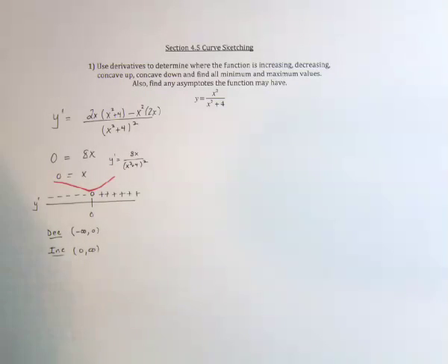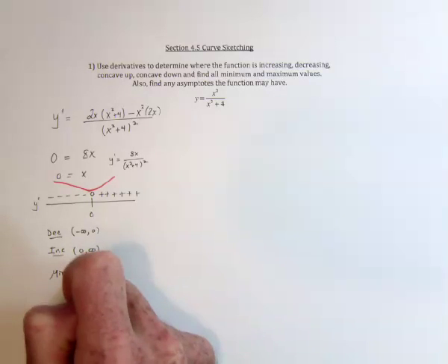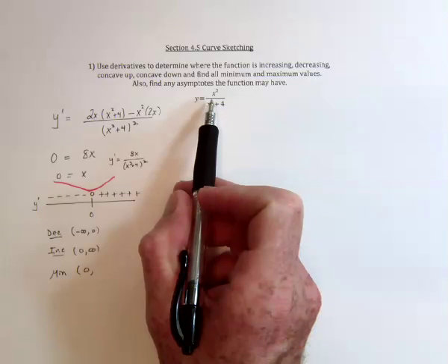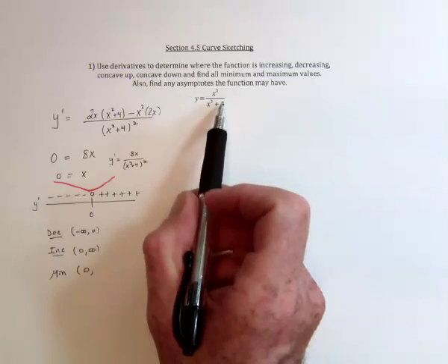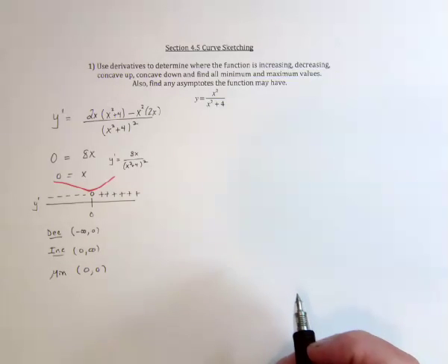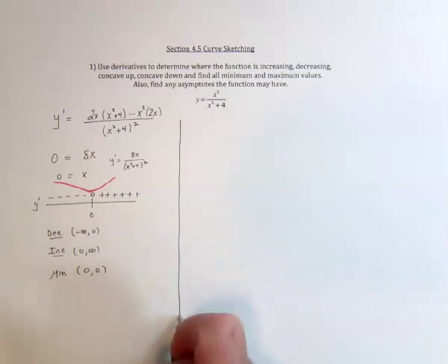So that must be a minimum. So there's a minimum at x is 0. And if you go back to the original function and substitute 0, it's going to be 0 over 4. So there's a minimum at the origin. And that's the first derivative information.